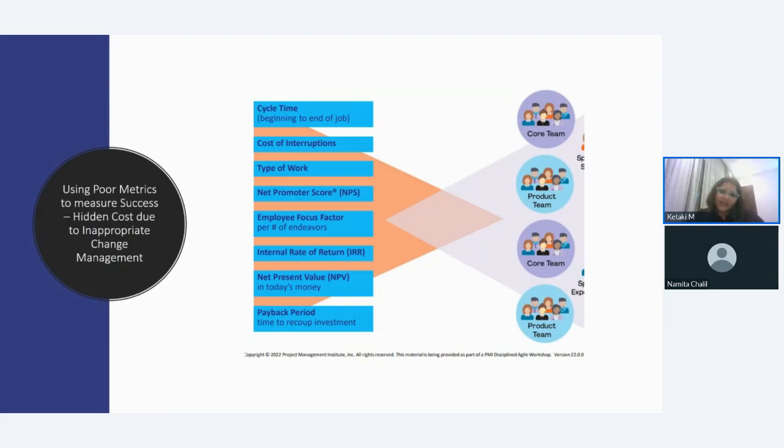So now here on this slide, I have put very popular metrics in order to measure success of an agile delivery. One is cycle time, cost of interruptions, the type of work, a very popular net promoter score, which you measure typically on a Likert scale, employee focus factor per number of endeavors, IRR, net present value, and payback period.